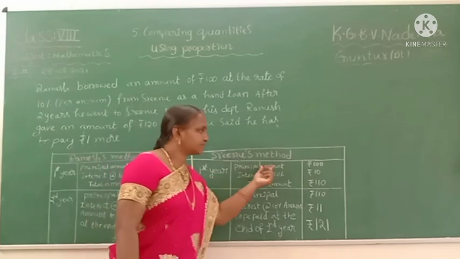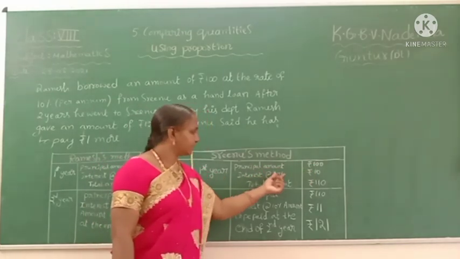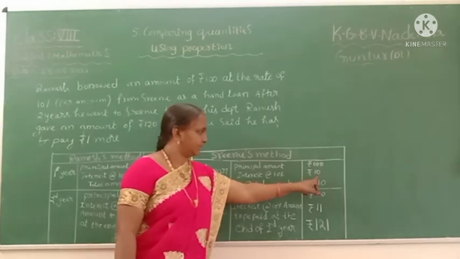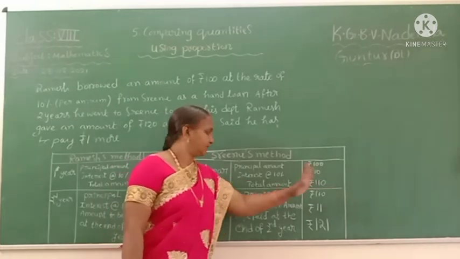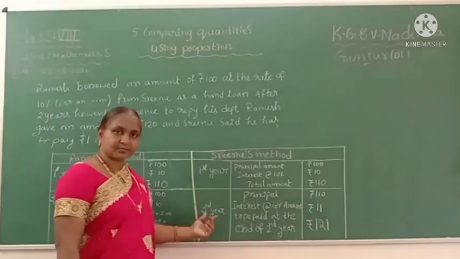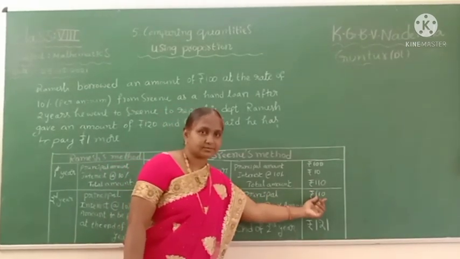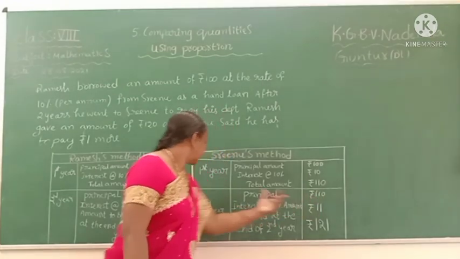First year, principal amount is 100 rupees and the interest at the rate of 10%, that is 10% of 100 rupees is 10 rupees. The total amount is 110 rupees. For the next year, principal is 110 rupees. What is the difference?